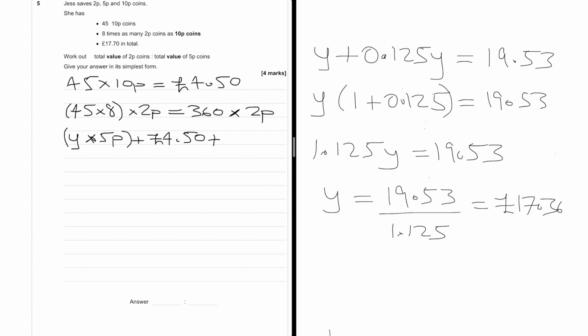Well, 360 times 2p is going to be equal to £7.20. And all of this equals £17.70.